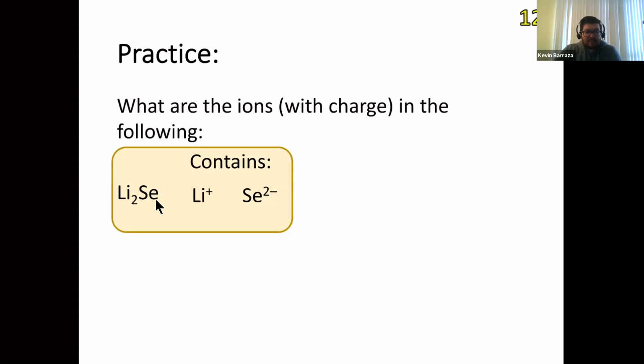And since selenium is a nonmetal and it's the last element of the compound, it should be the negative ion. The negative ions always come last in the formula. But we should have memorized that selenium is -2, hopefully. It's part of that -2 chalcogen column.